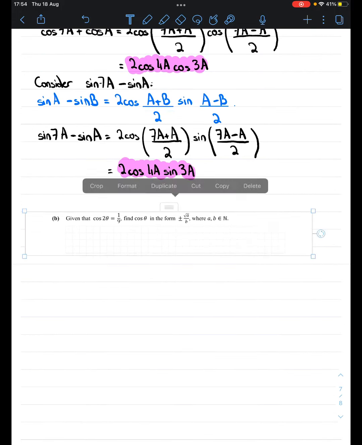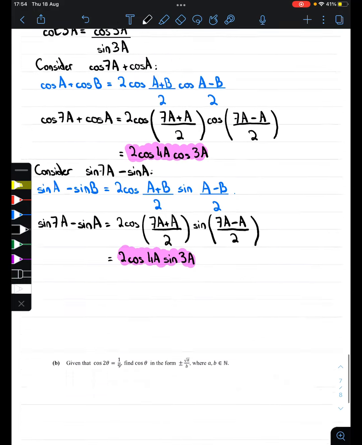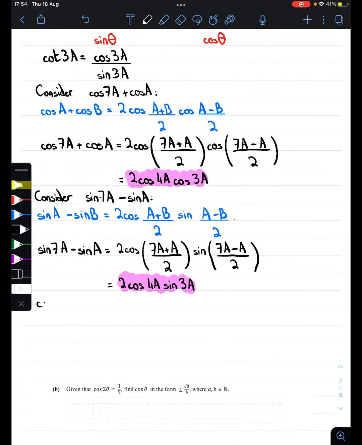So let's go back to the start and rewrite this fraction. Cosine of 7a plus cosine of a, all over sine of 7a minus sine of a, is equal to 2 cosine 4a cosine 3a, the numerator, over the denominator, 2 cosine 4a sine 3a.